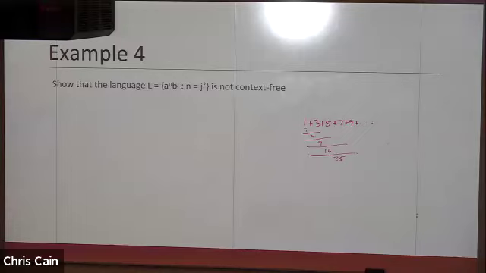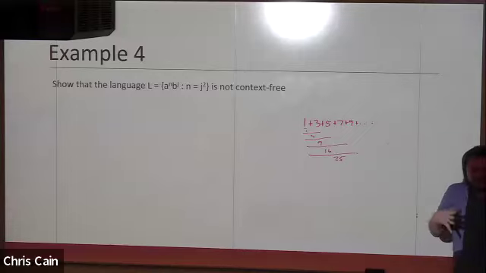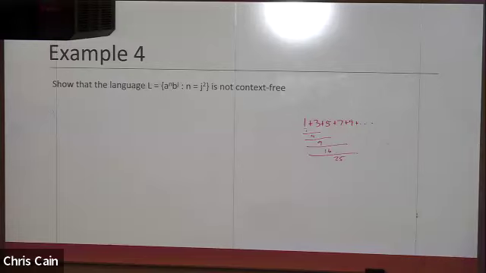So if we're looking for a perfect square, we have to somehow, while we're adding A's to the stack, be checking odd, add the next odd, add the next odd, add the next odd. Is there a way to do that? No. Not really.